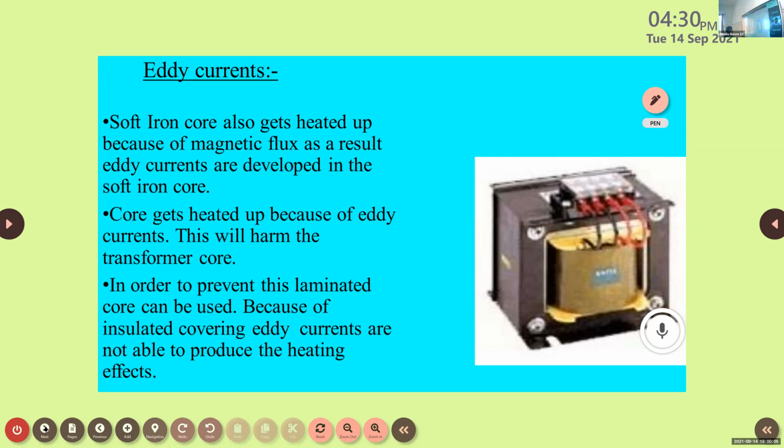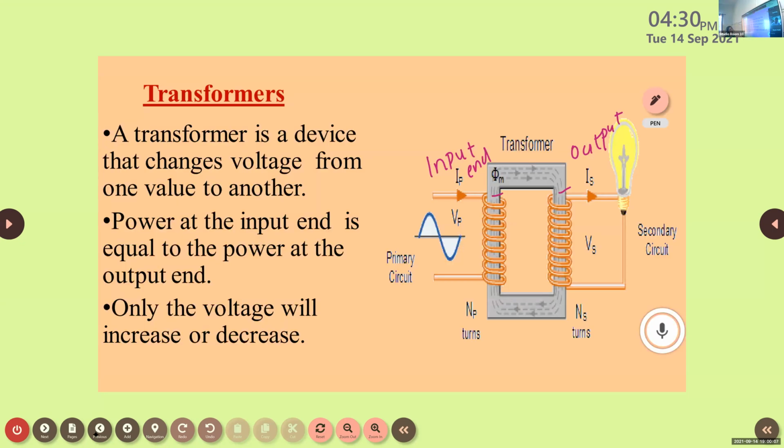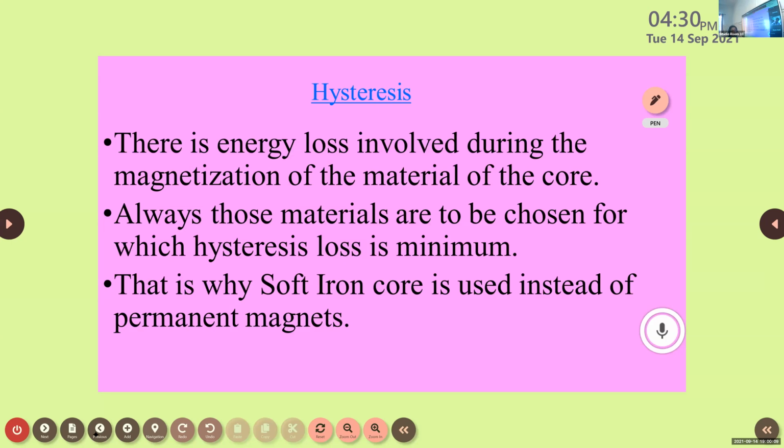And the last is due to hysteresis loss. So the energy losses take place in the transformers in the form of hysteresis loss, eddy currents, resistance of windings, and flux leakage. We will explain all these energy losses in detail in our next class or during the revision session.